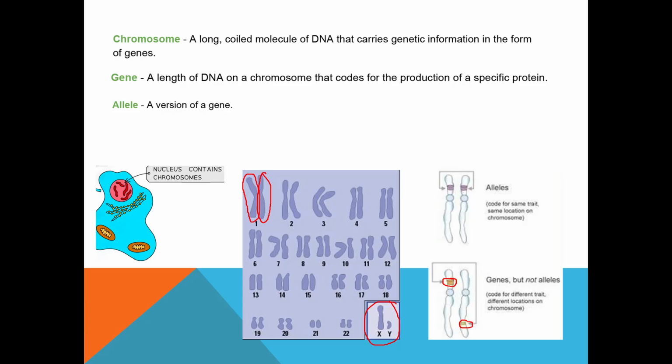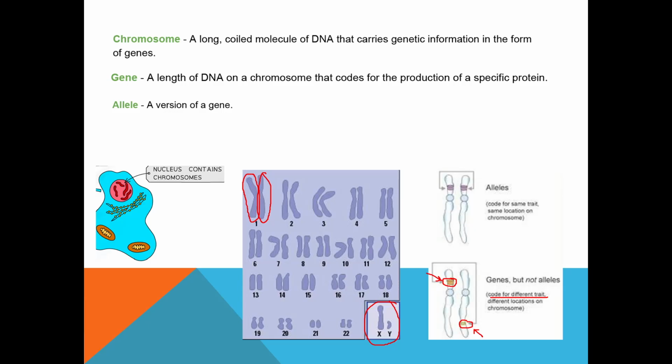For example, this gene could determine our body height, whereas this gene over here might determine the color of our hair. So basically, the genes code for different traits, and they are located at different parts along the chromosomes.